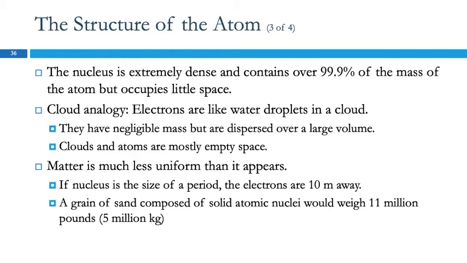So if the nucleus was the size of a period, like in a textbook or something, the electrons would be 10 meters away. This is 1 meter. So like maybe from here to the door. A period. I can't even make it with chalk, it's too small.